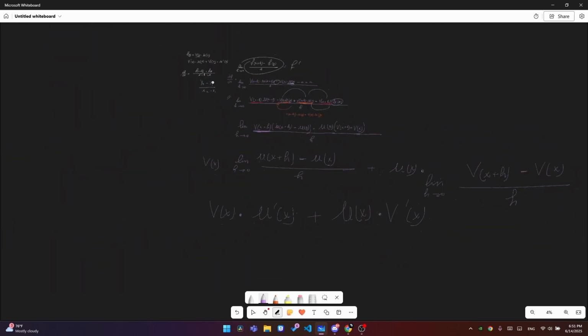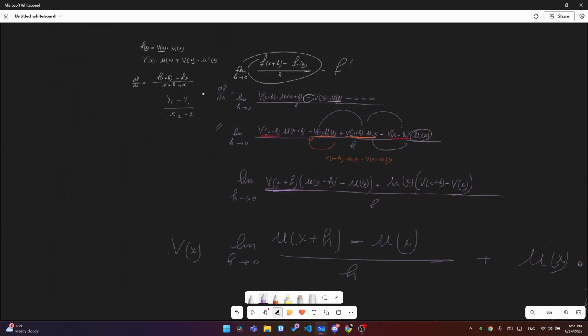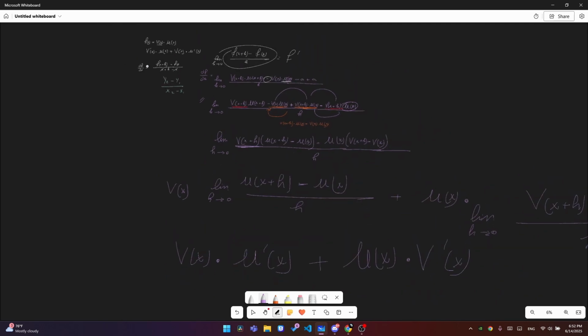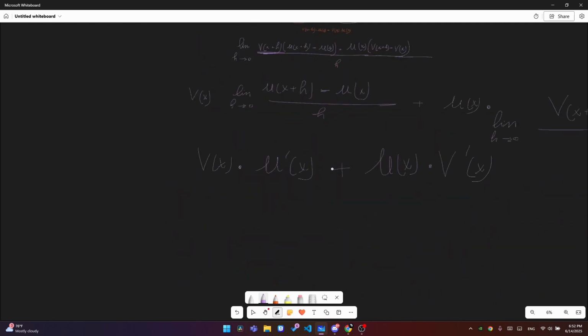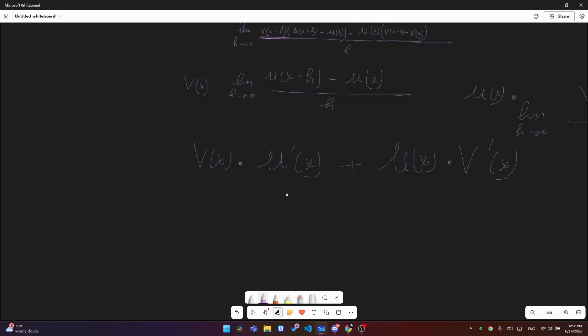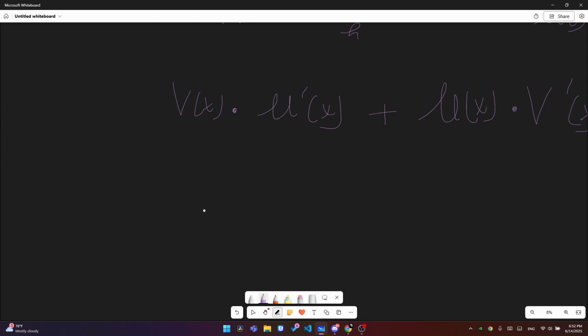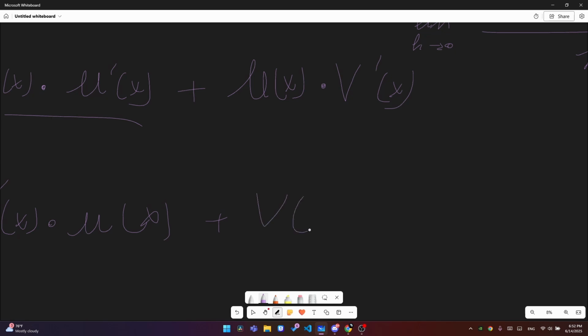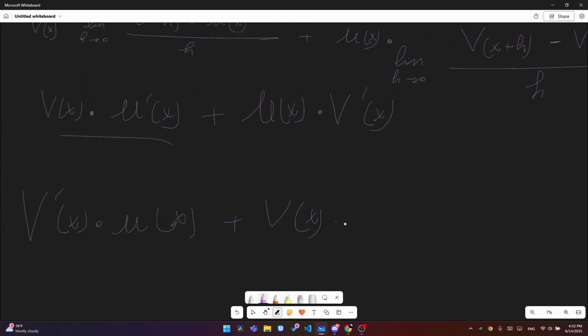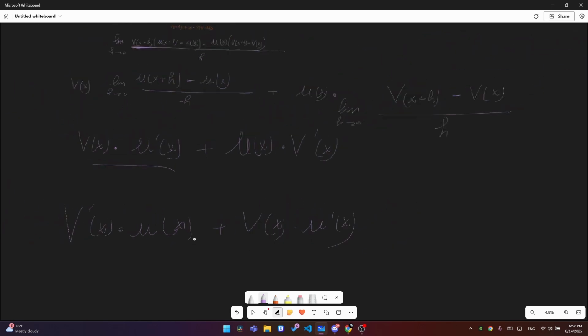Now it does not look exactly like the same thing, but the order is different. And again, it's multiplication and addition, so you can easily move things around without even changing the sign. So this would be v prime of x multiplied by u of x plus, this just stays the same, v of x multiplied by u prime of x.